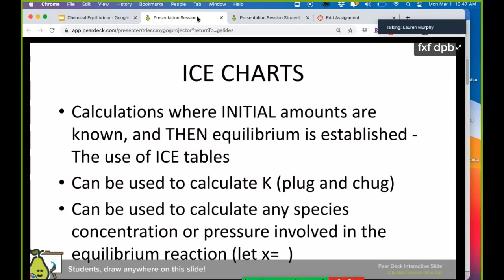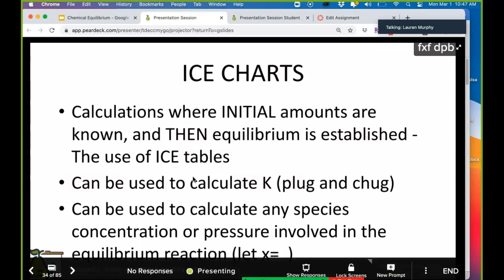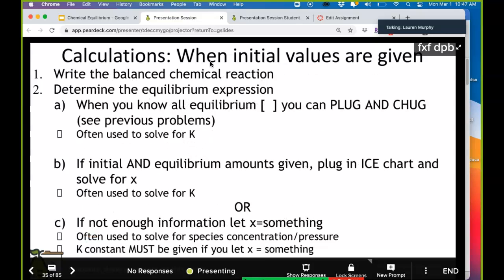So now what we're going to do is work with ice charts again. Yes, they are back. The ice charts are for when you have initial amounts and equilibrium amounts, and it helps you organize all of your information nicely. We have used them for limiting reactant problems because it helps you organize them, and now we're going to use them for equilibrium problems. So let's just review really quick.